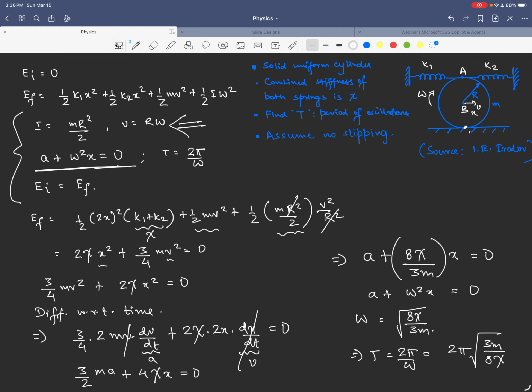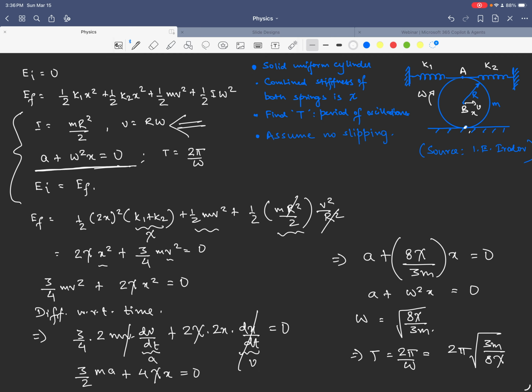Right? In fact, there's a better way or even easier way to look at this problem, where we think about how we can convert this rotating cylinder into a simple mass which is not undergoing any rotation, and we can find out what the effective mass of that system would be if we combine the kinetic energy and the rotational energy and try to find the effective mass of the system, which we can think of as doing a linear oscillation.